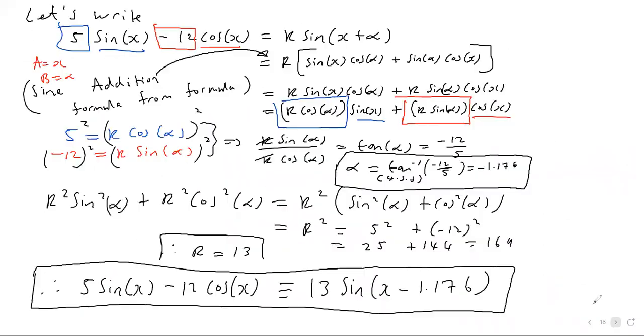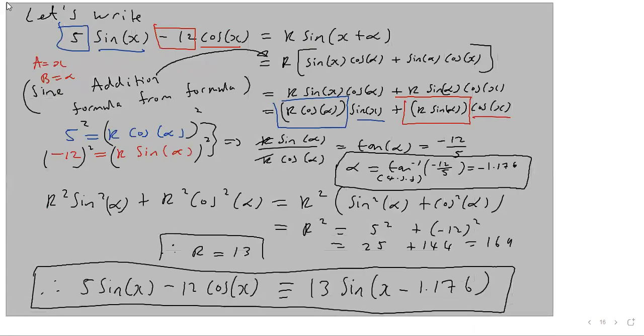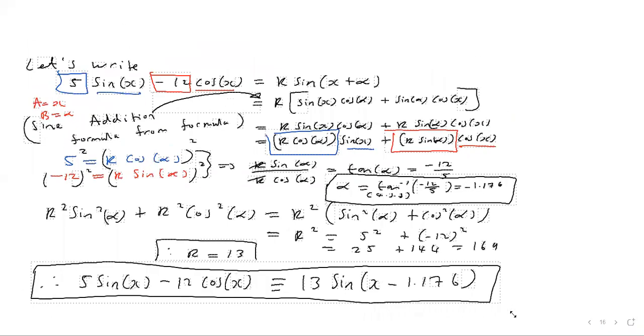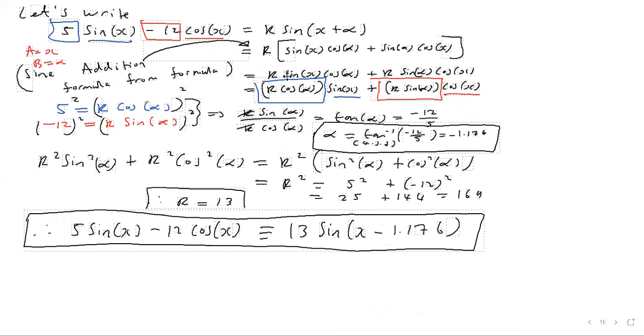So now we've converted it into this form, we can actually do that, because now we can focus on this sine function that we got on the right hand side here. So what would be the maximum and the minimum values of this sine function? A sine wave, regardless of whether you shift it to the right or to the left, always has a maximum of 1 and a minimum of -1. What you're doing here is you're doing x take away 1.176. So this is just a translation.